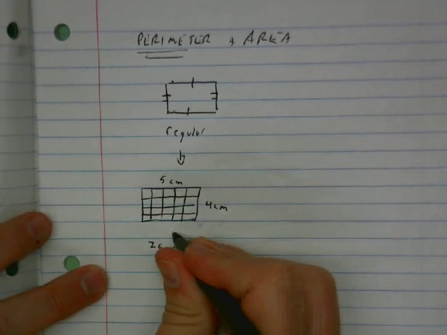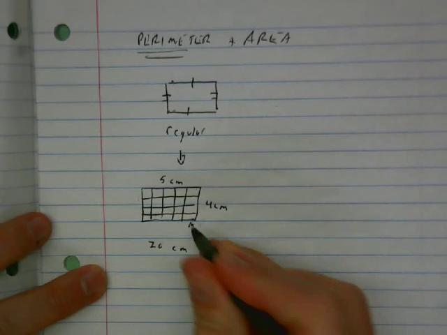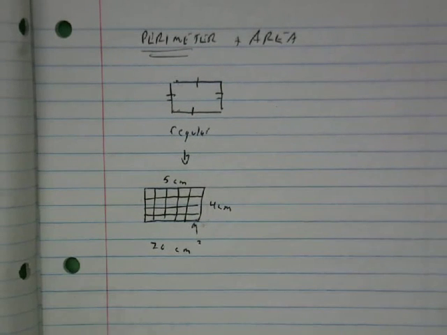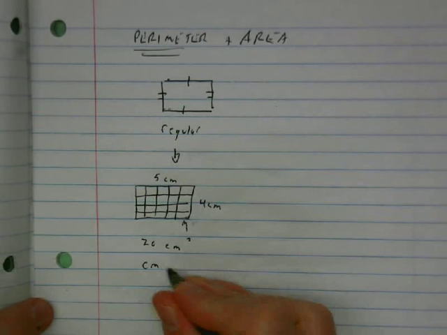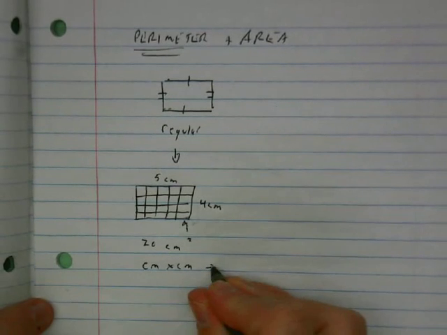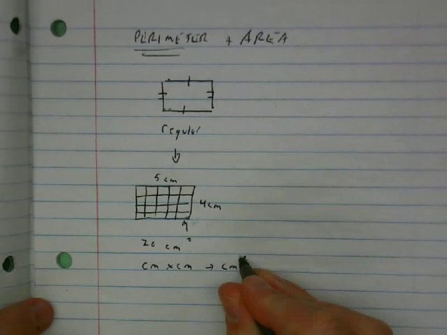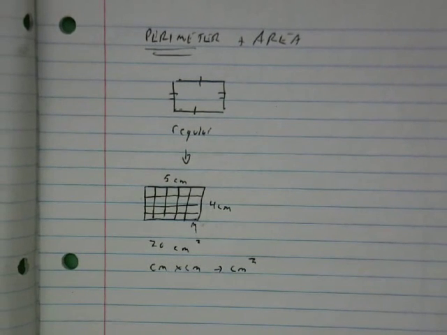The squared term comes from the creation of squares. We've taken one unit, centimeters, and multiplied it by centimeters, which gives us centimeters squared. So that's just a general idea of where we're going.